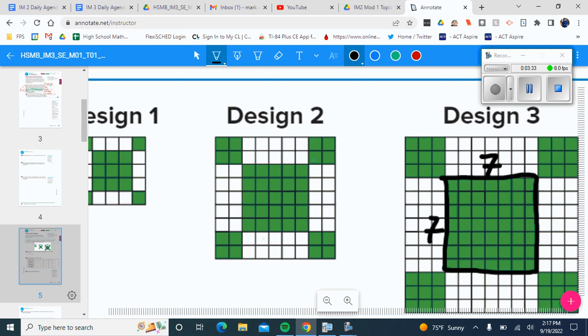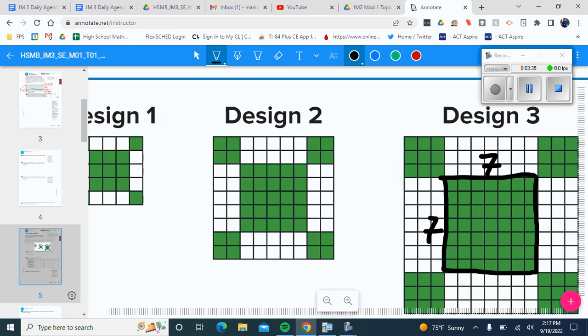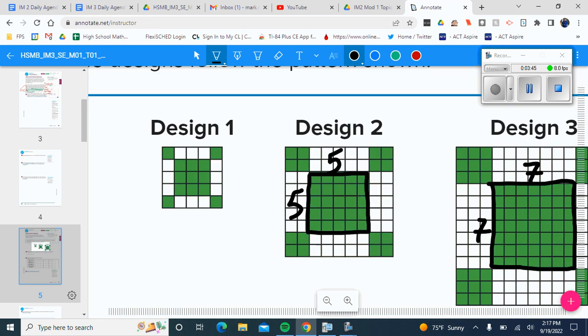So let's look at design 2. Design 2 was a 5 by 5 box. Design 1 was a 3 by 3. I'm trying to get the dimensions of the center, and it goes up by 2.